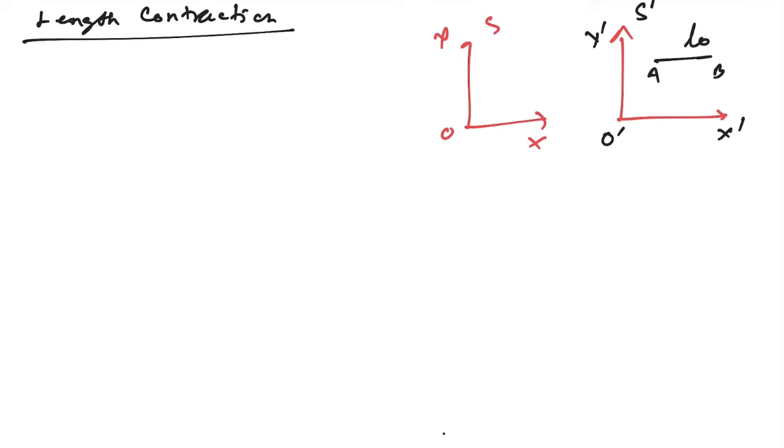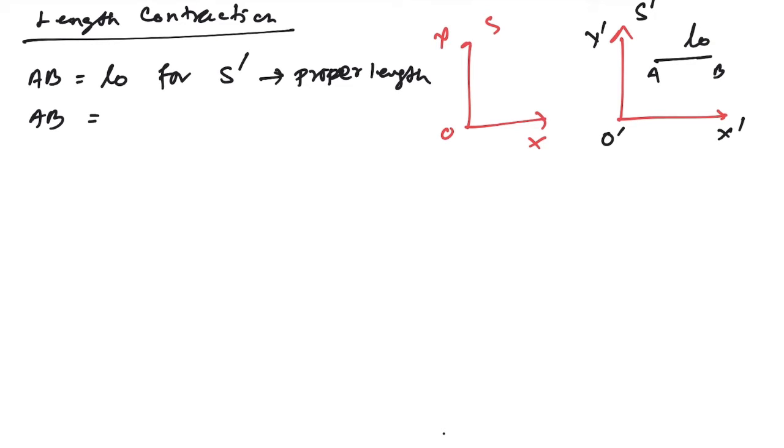Now you see, this AB, the length of the rod, is L naught for the observer in the frame of reference S dash, and this is called proper length. And the length of AB is L for an observer in the frame of reference S only, not S dash, S.